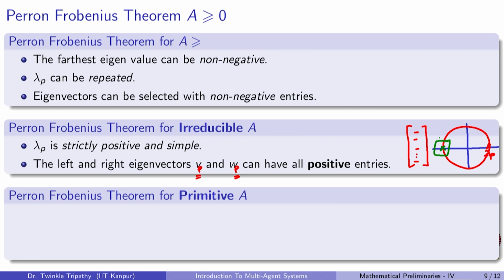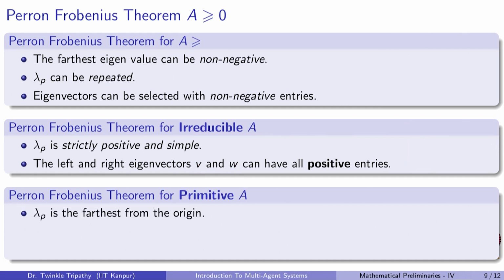Now, these properties can actually be achieved for the case of primitive matrices. In the case of a primitive matrix, we again have lambda p, which is a strictly positive, real and simple eigenvalue.